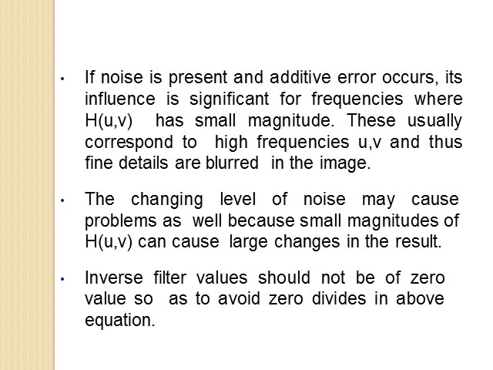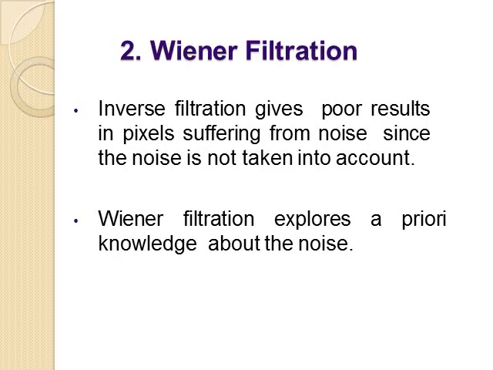These usually correspond to high frequencies u and v, and thus fine details are blurred in the image. The changing level of noise may cause problems as well, because small magnitudes of H(u,v) can cause large changes in the result. Inverse filter values should not be zero, so as to avoid division by zero in the above equation.